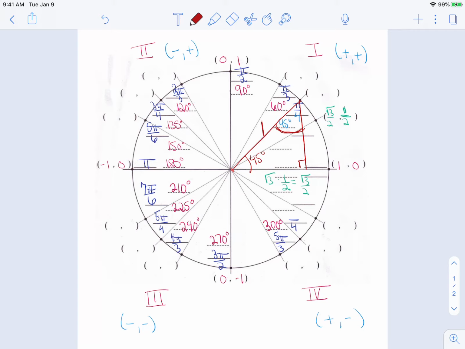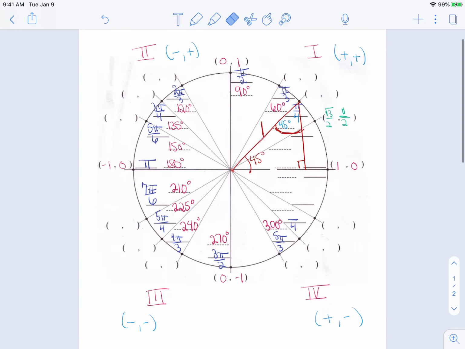Remind yourself, how did we find our lengths in a 45, 45, 90-degree triangle? The formula was, from your hypotenuse to a leg, you divide by root 2. And then this one would be the same, right? They're the same length.